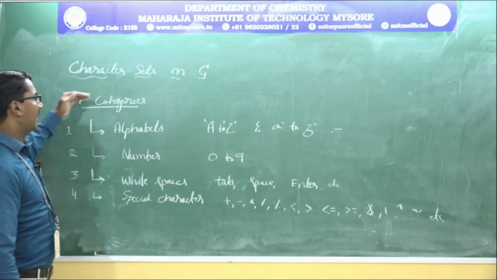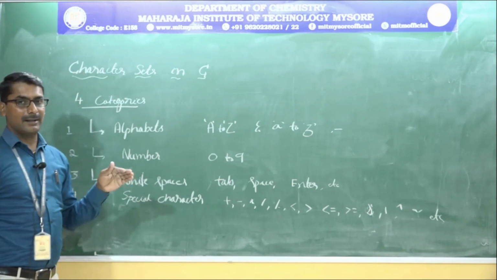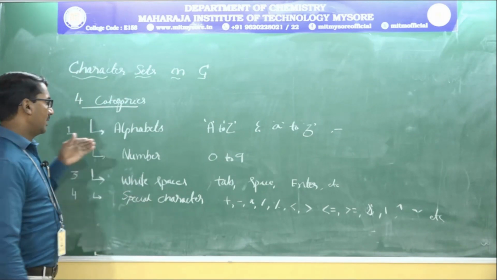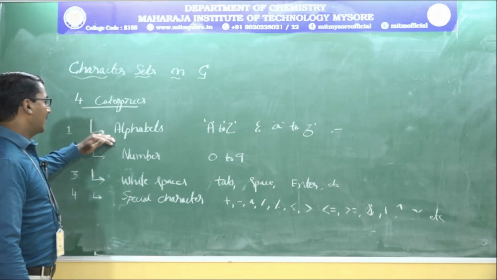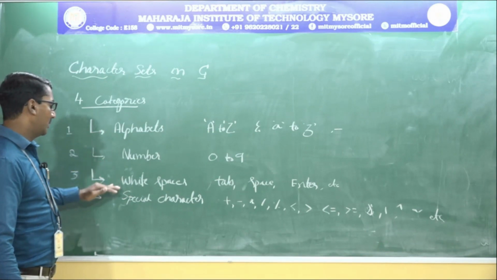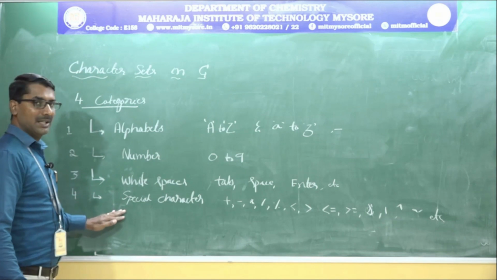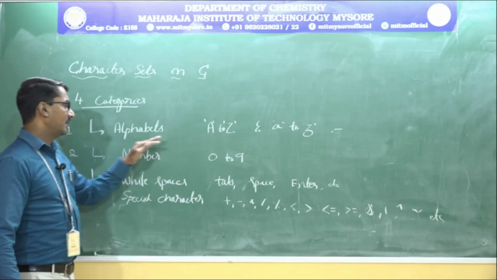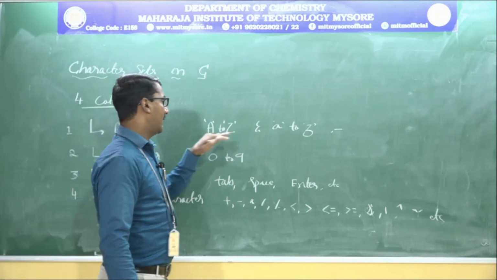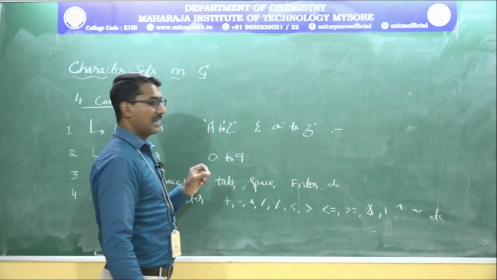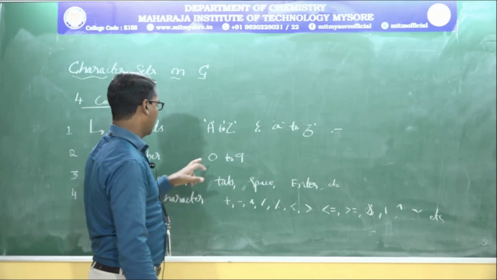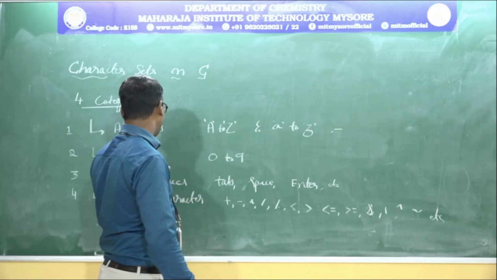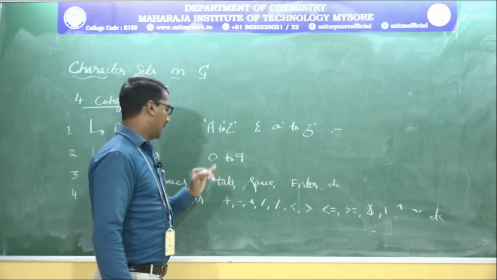So in C language, the character set is divided into 4 categories. First one is alphabets, second one is numbers, then white space, and special characters. Alphabets are small a to z and capital A to Z, and one more character is underscore. Numbers are from 0 to 9.